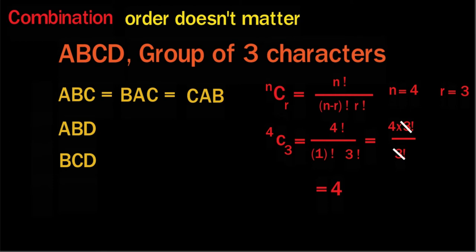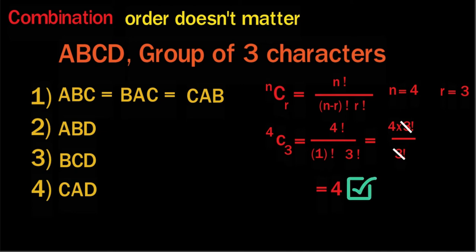So first combination, second combination, third combination, and the final combination will be ACD. So by using the listing method, we can see that we have 4 different combinations, which is also the answer that we showed here.